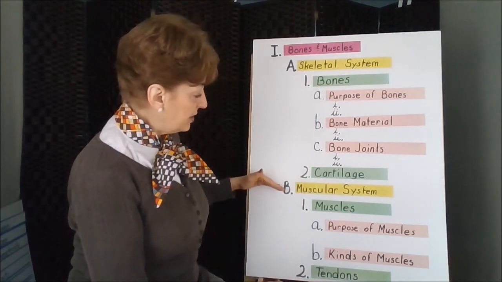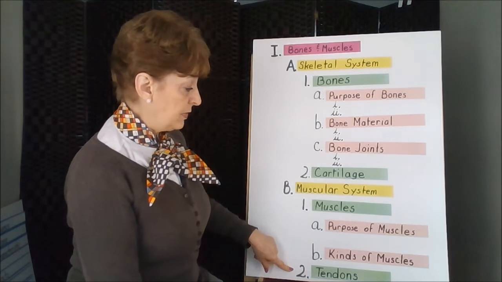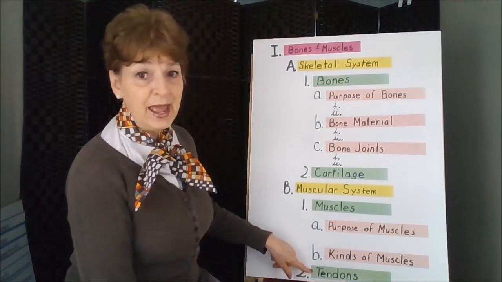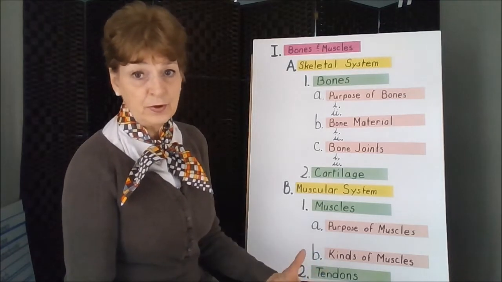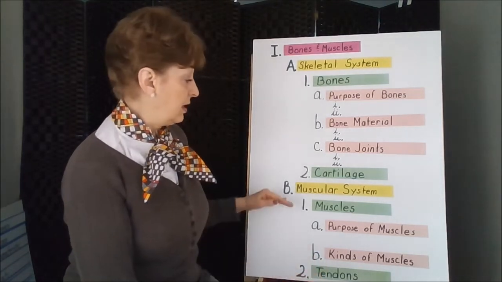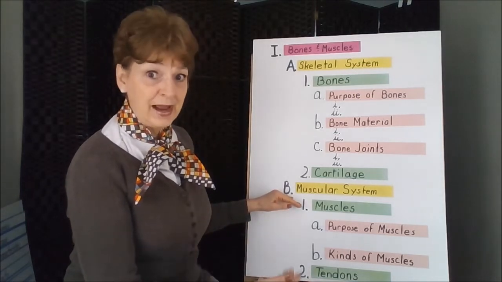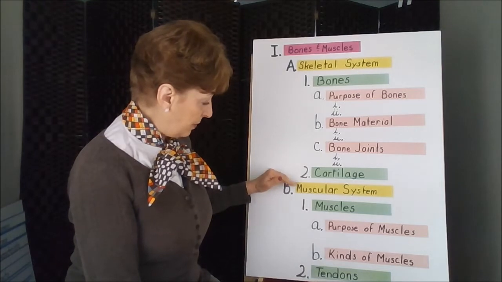Within the muscular system, we have a 1 and a 2, Arabic 1 and 2. Muscles and tendons have equal importance as far as the information. It's not going to be the same information. It's going to be of equal value, of equal importance in the author's mind regarding the topic of the chapter heading.